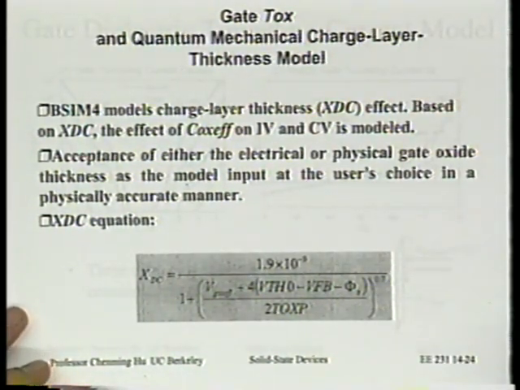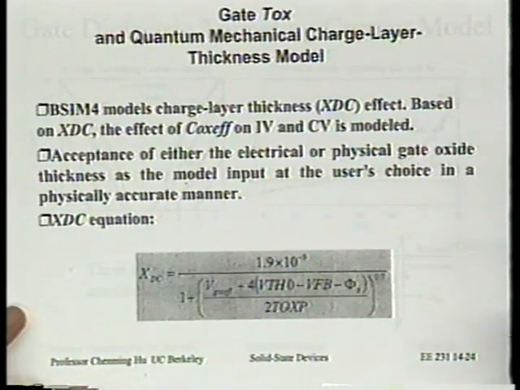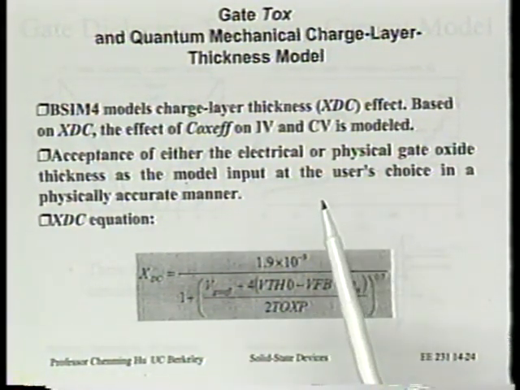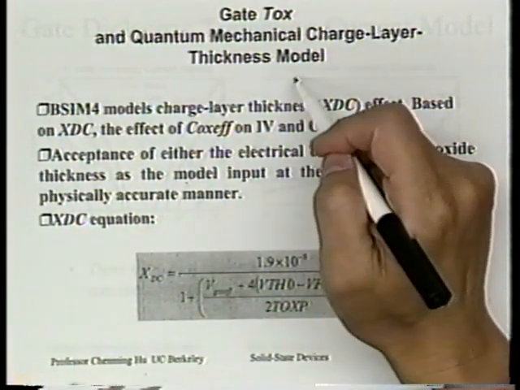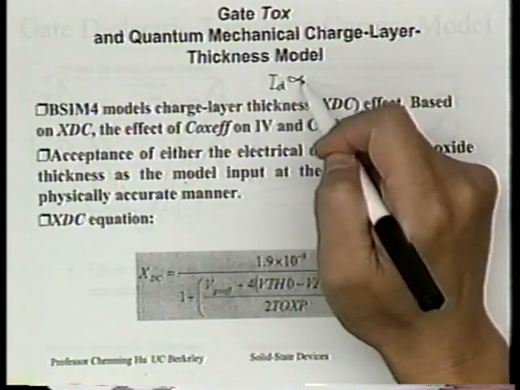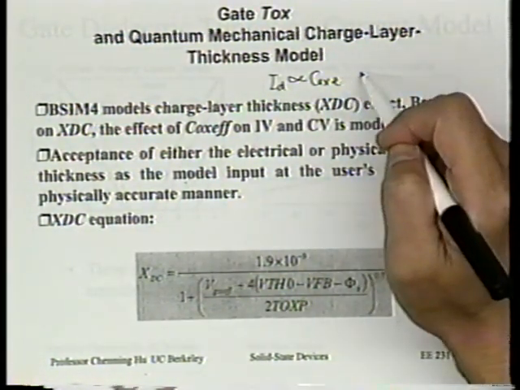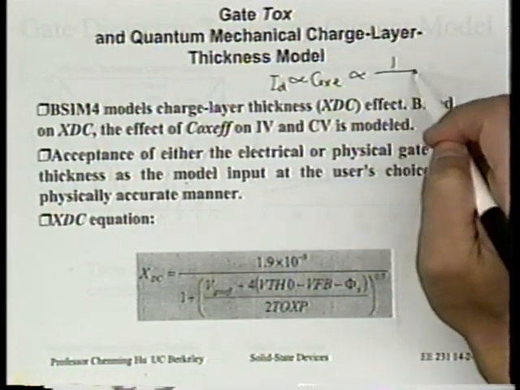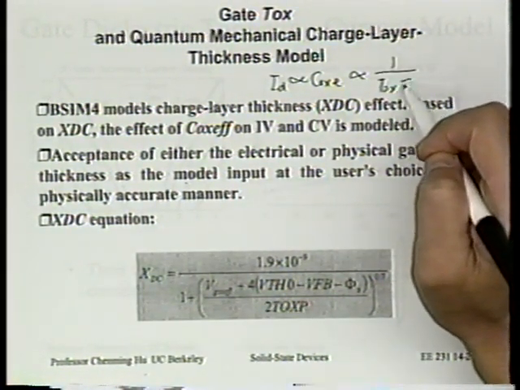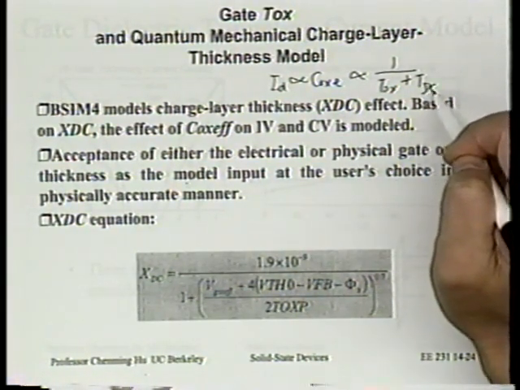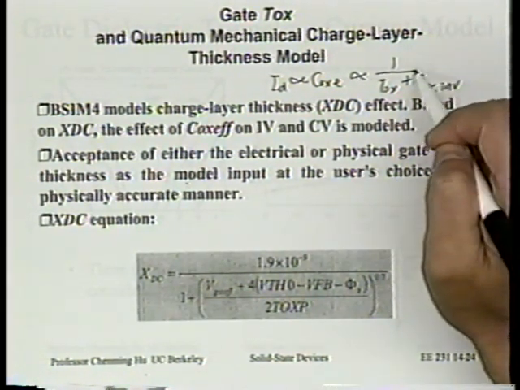Okay, and so in BSIM 4, this quantum effect is also put into the transistor IV characteristics. So when we say ID is proportional to Cox, it's really now an effective Cox, which is proportional to 1 over Tox plus that inversion centroid, we call it XDC, all right? The DC inversion charge centroid, okay?